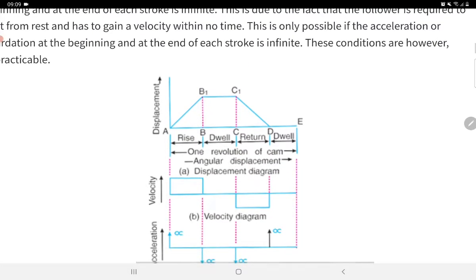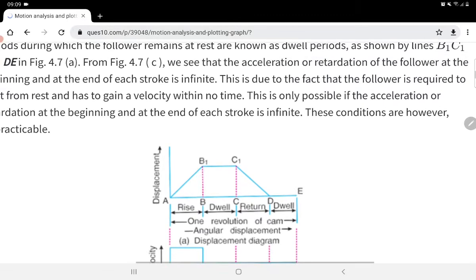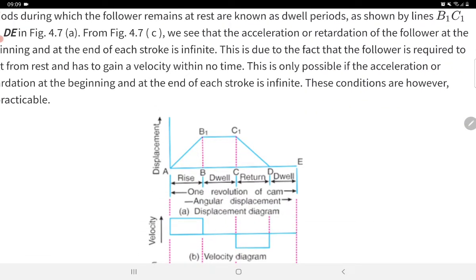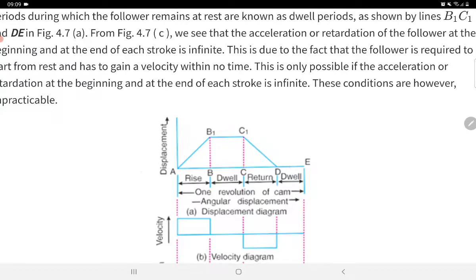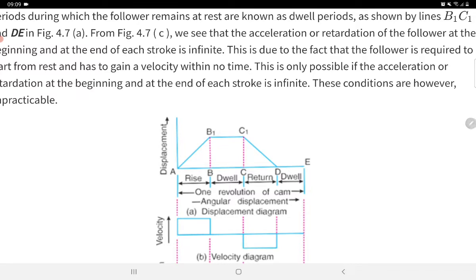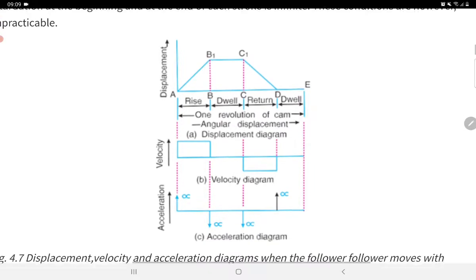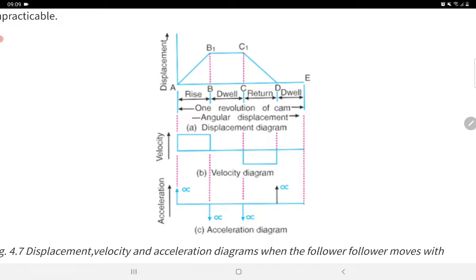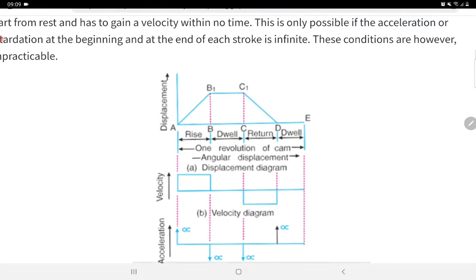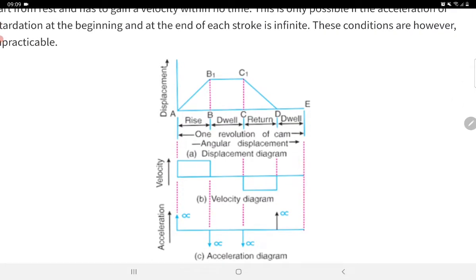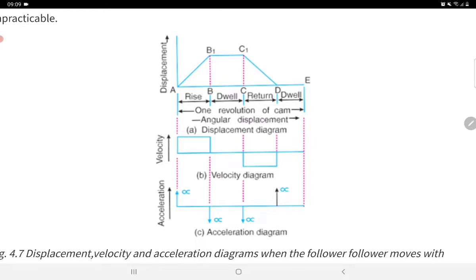The x-axis is called the abscissa and the y-axis is called the ordinate. The abscissa represents the angular displacement of the cam, while the ordinate shows displacement, velocity and acceleration in the three graphs respectively. The angular displacement on the x-axis is common in all three diagrams.